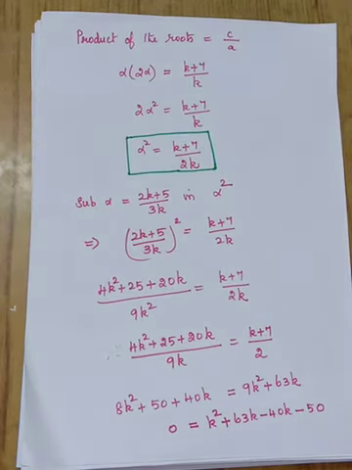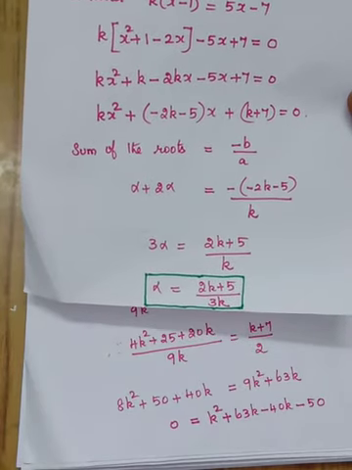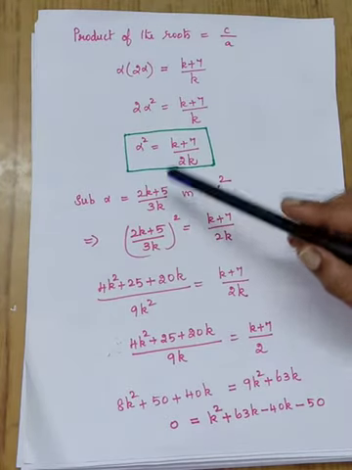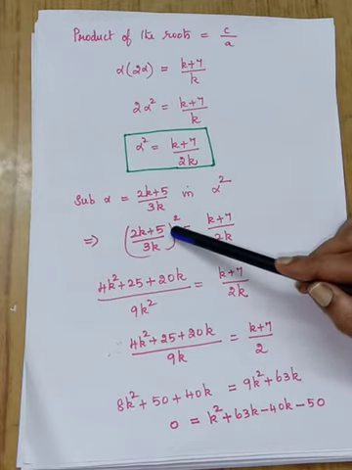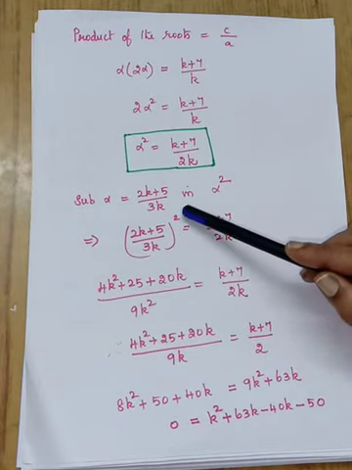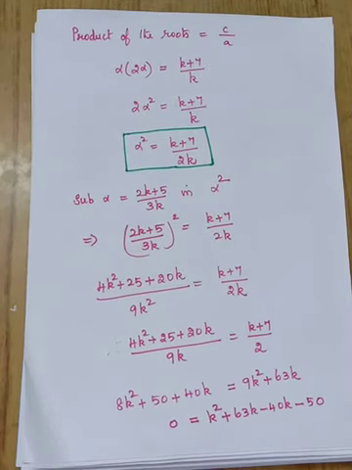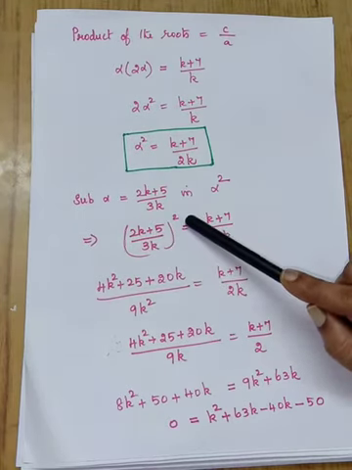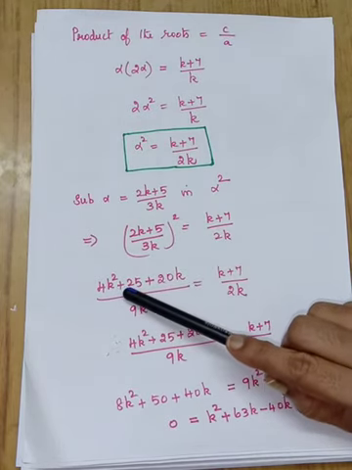Already we have found what alpha is: alpha is equal to (2k + 5)/3k. That has to be substituted in alpha². So that will become ((2k + 5)/3k)² equal to (k + 7)/2k. So you have to square it. See the numerator, it is (a + b)², so it is a², which is 4k², plus b².